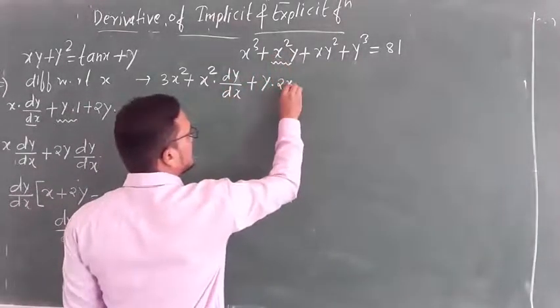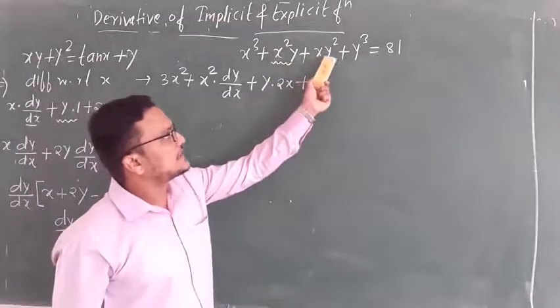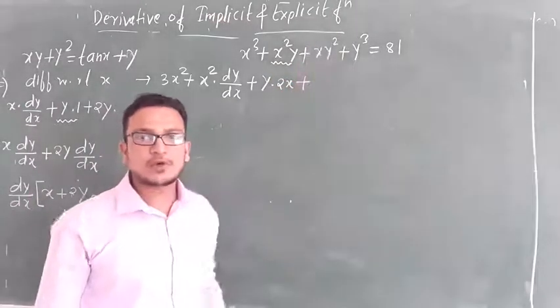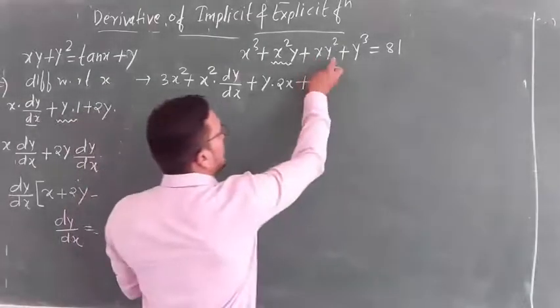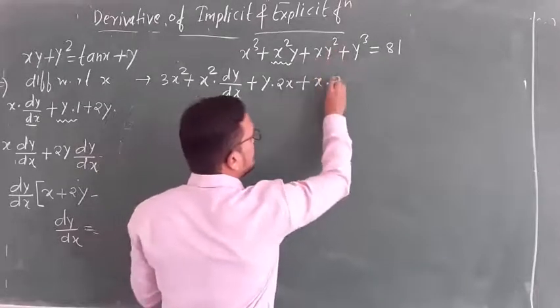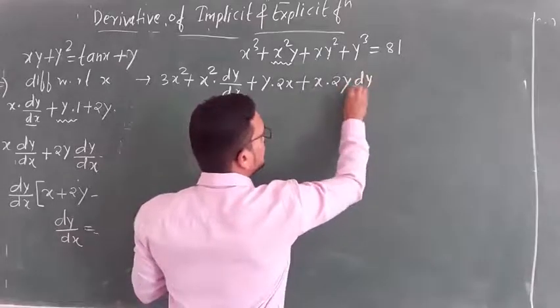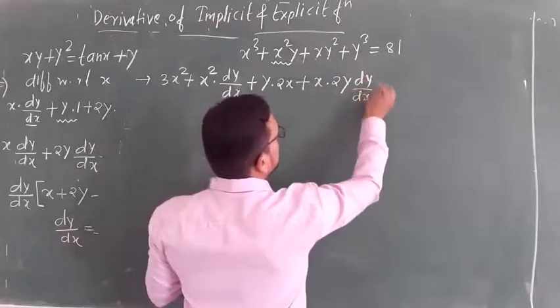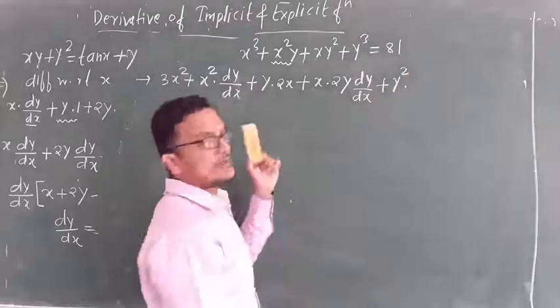So x square derivative is 2x plus, now this third term xy square, this is again the product of two functions. So again apply the product rule. X as it is into derivative of y square is 2y, but y is again a function, into dy by dx, plus y square as it is into derivative of first.